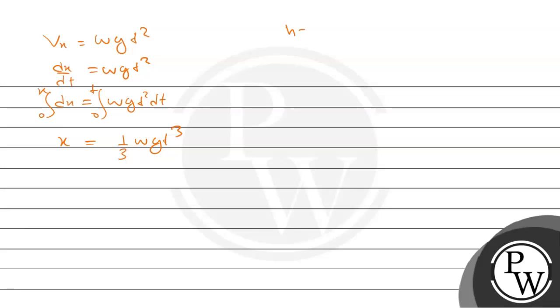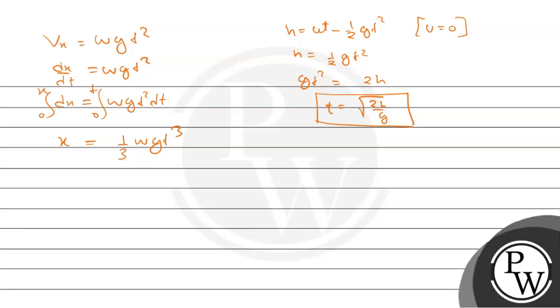Now h equals ut plus half gt square, where h equals half gt square because u equals 0. Now gt square equals 2h, where t equals root over 2h by g. So we will put the value of t here.